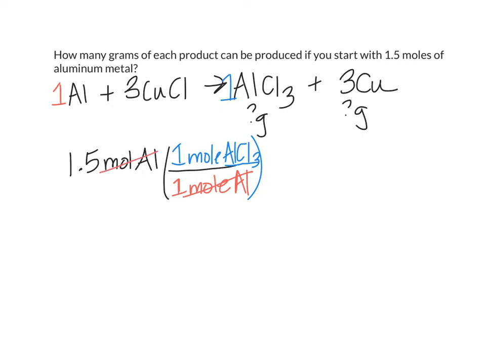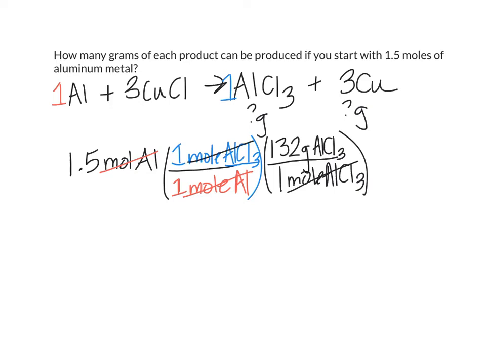Now that we have moles of aluminum chloride, we need to go to grams of aluminum chloride. To go from moles of aluminum chloride to grams of aluminum chloride, we're going to use the molar mass of aluminum chloride, which is located on the periodic table. So we find it to be 132 grams of aluminum chloride per 1 mole of aluminum chloride.